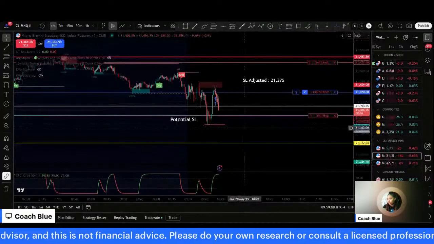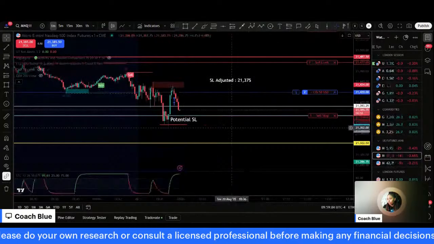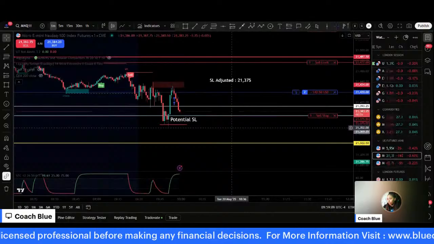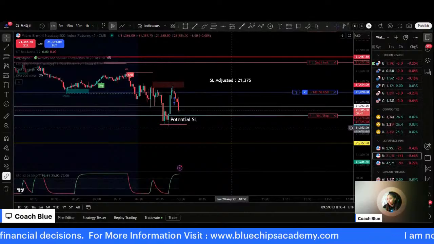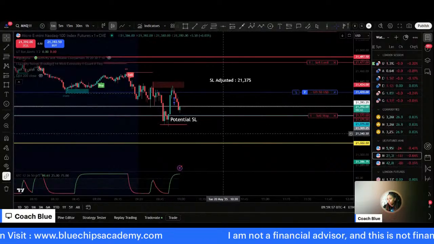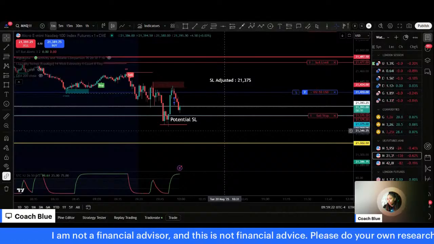Those are the two levels right there. So let's see what we get. Sellers are trying to push through, but let's see if we can find a bounce right here for the buyers. I'm glad that the stop loss was adjusted, but let's see if we can still hold that support there.